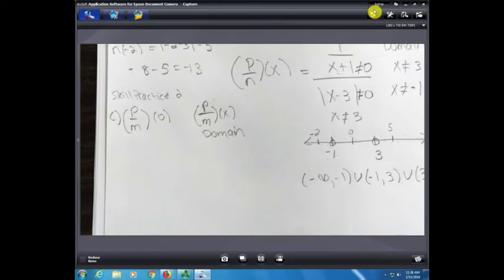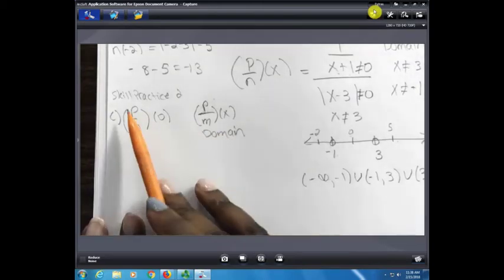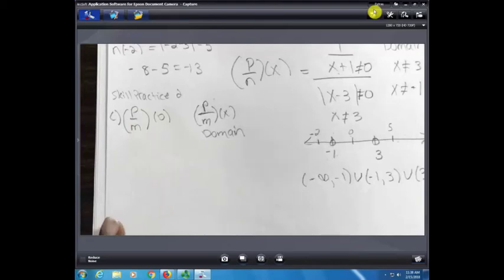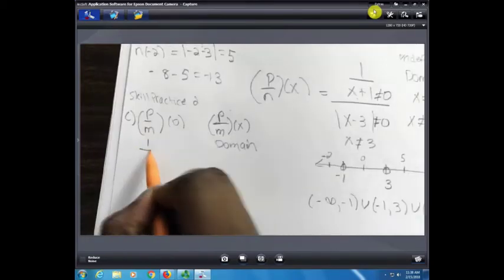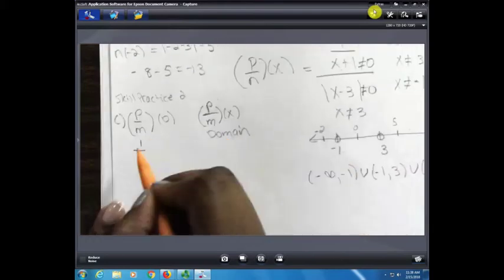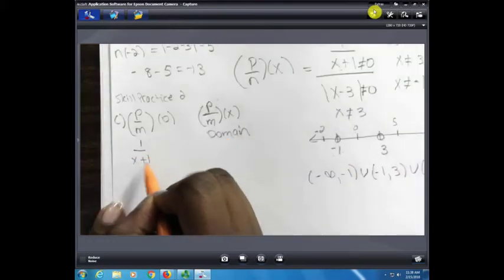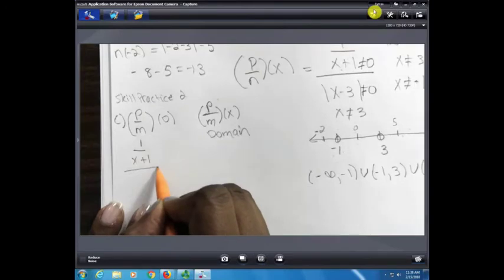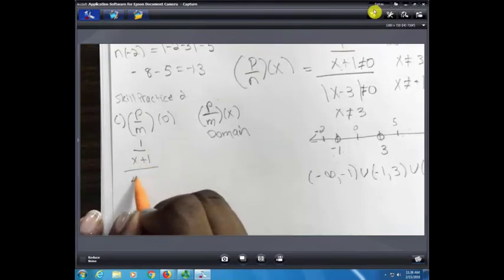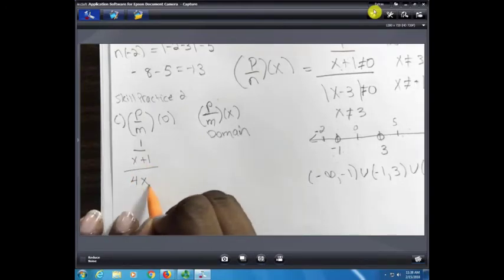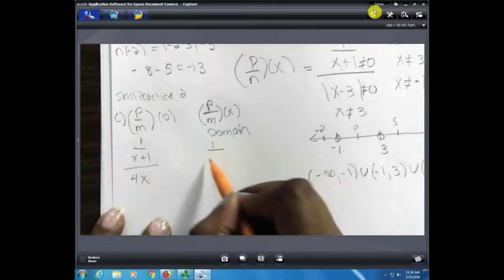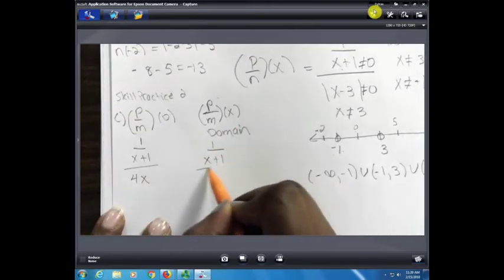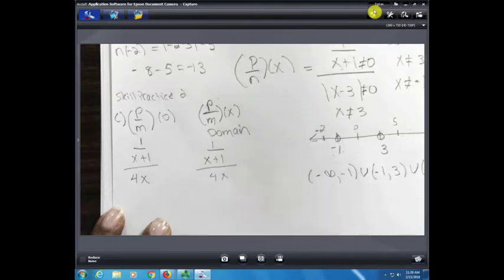Alright, so this P divided by M. I take my P function, which is 1 over x plus 1, divided by my M function, which is 4x. So 1 over x plus 1 divided by 4x.